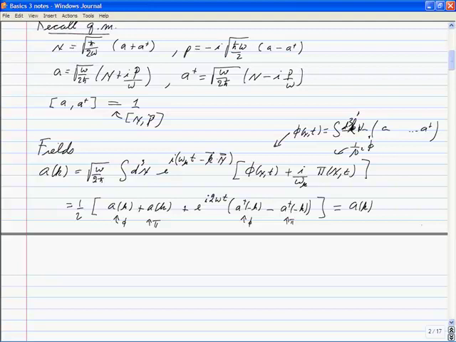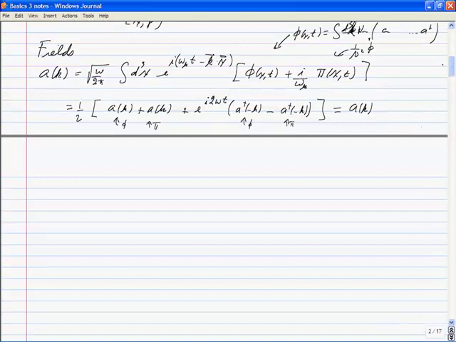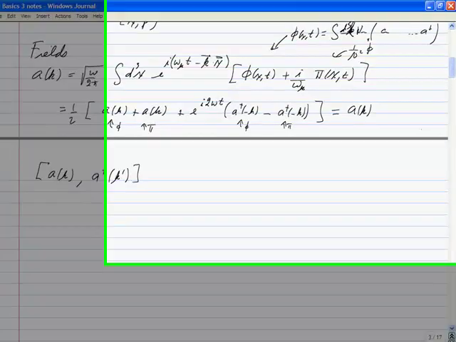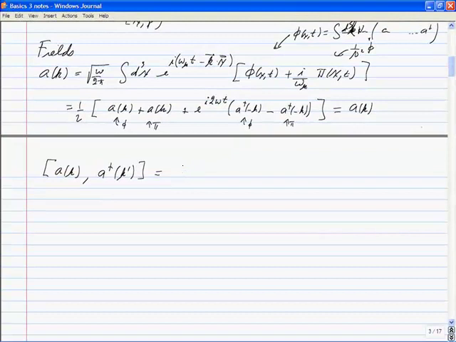Okay. Then here's the interesting thing that I find that happens, is that when I take a of k with a dagger of k prime, well, we've got a bunch of stuff here. Again, I'll try to be a little bit cryptic.